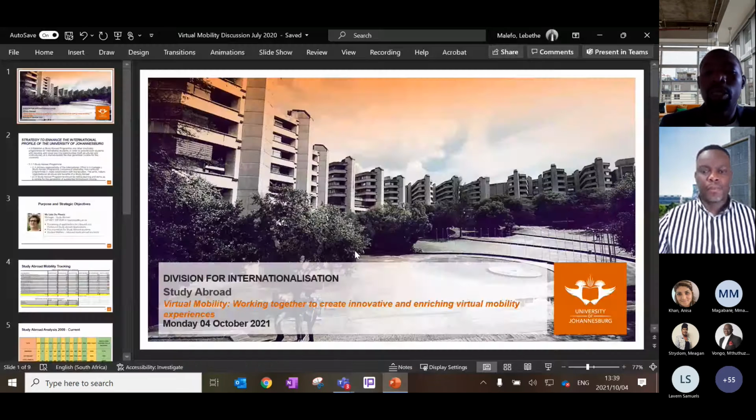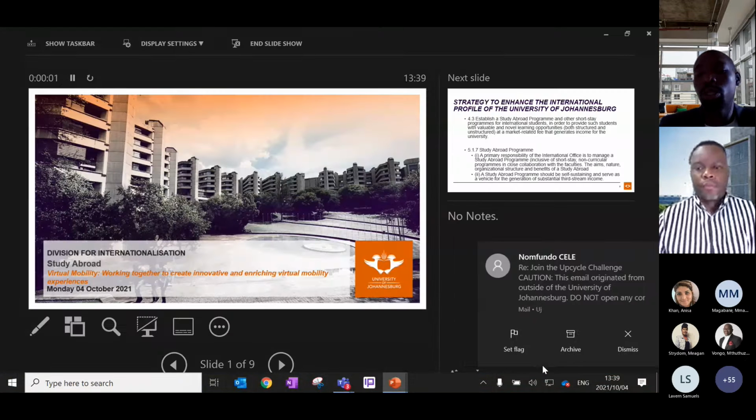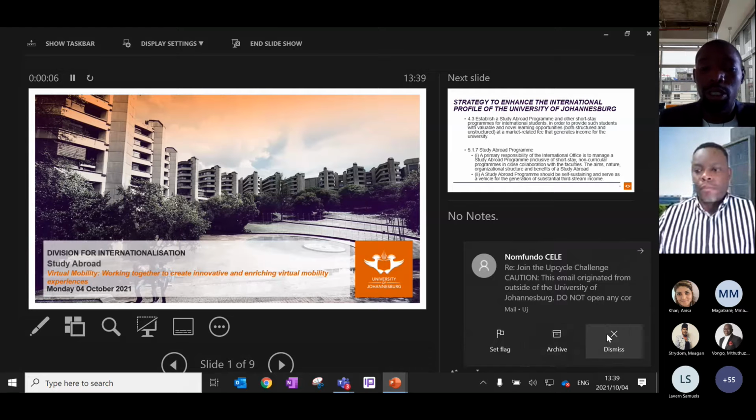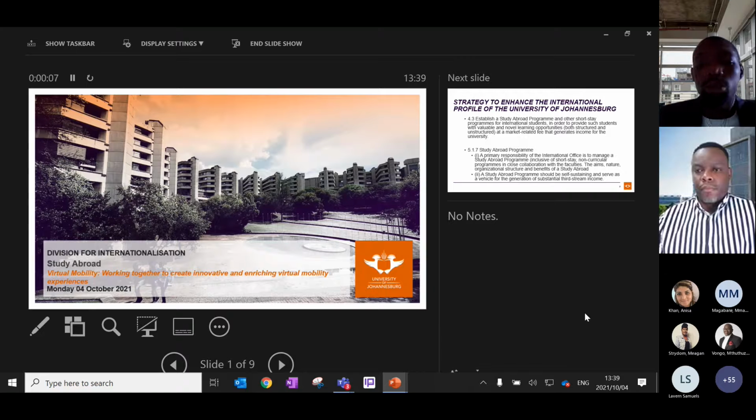Prior to joining UJ, he was an acting head of international office at WITS. He has worked on various projects within WITS, the WIO project, SADC projects, and also has worked at UCT between 2001 and 2006, where he was coordinating mobility programs.